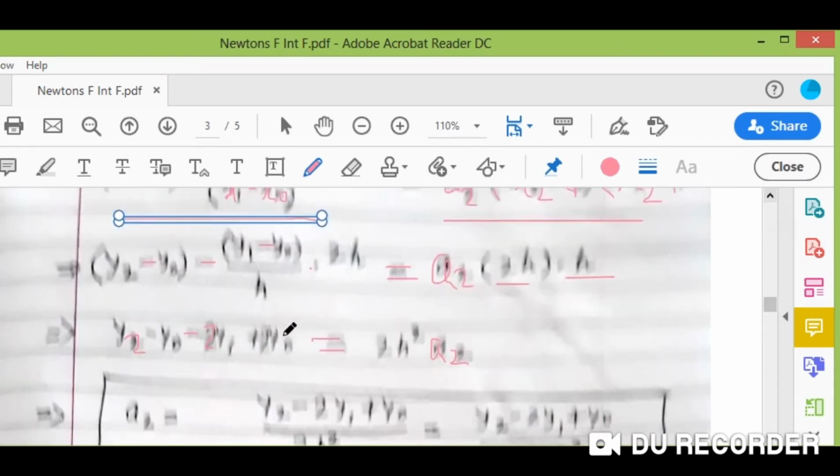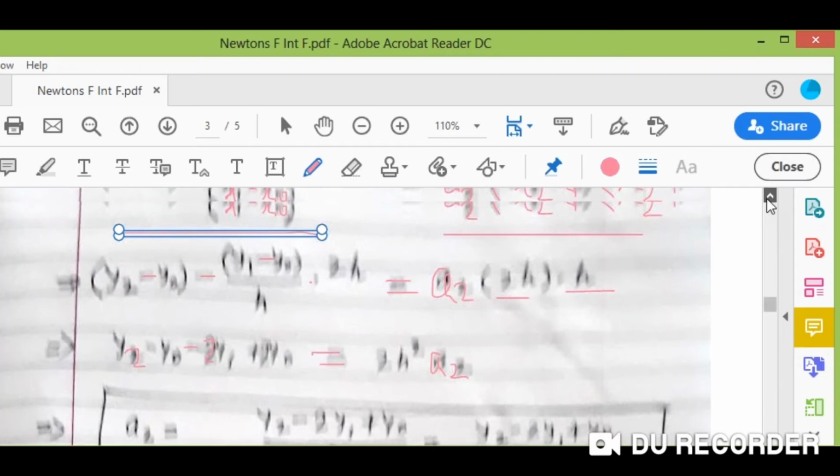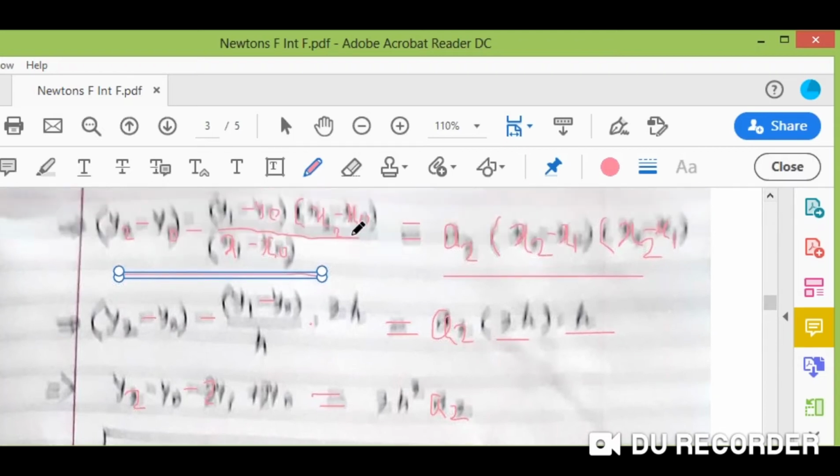You look at here, 2h: y1 minus y0, y2 minus y0. What is 2h? You just look here, x2 minus x0 is 2h, meaning there are two steps to reach x2, and therefore this space is 2h.